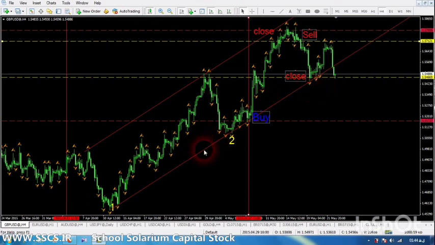A very important point here is that when you have an uptrend, you have to draw the trend line from the bottom. You have to consider the swing highs that are at the bottom of the chart, and the parallel will be at the top. But if your trend line is broken from the top, you should be very optimistic.